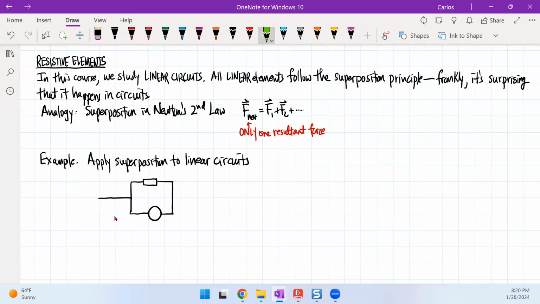So in this case, let's color code these to make it a little bit easier. Now I'm going to say that I have some voltage source V1, and I have a collection of elements.